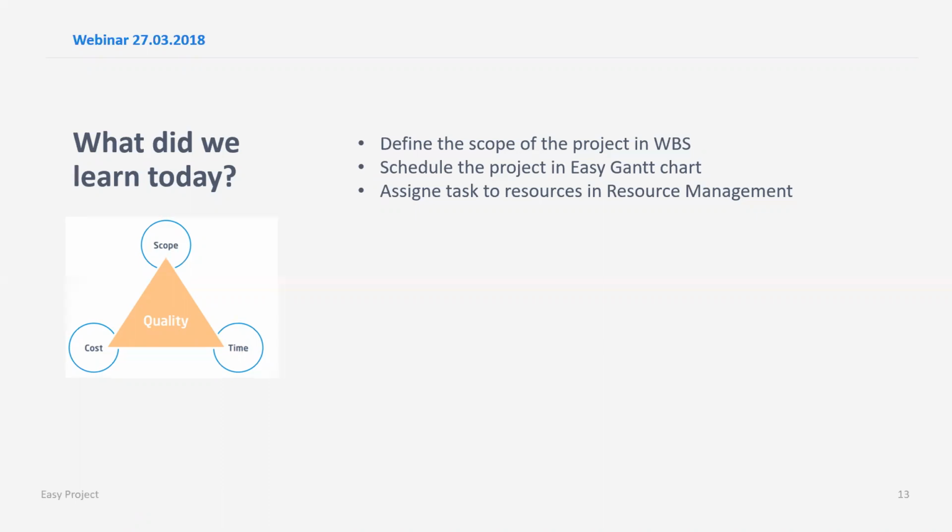And then we also learned how to schedule the project in the Easy Gantt chart, where we can easily use drag and drop, where you can drag the tasks, move them and change the start date and the due date accordingly. And then we also saw how to assign a task to your resources, whether it is an individual or a group.